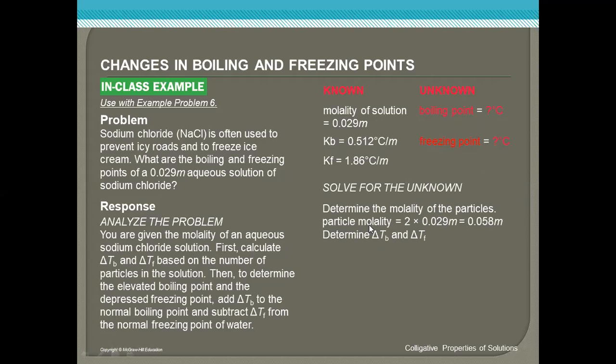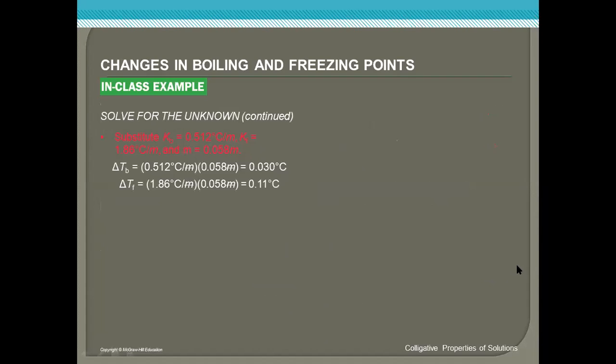Particle molality equals 2 times 0.029 m, which equals 0.058 m. Then determine delta Tb and delta Tf: delta Tb equals Kb times m, and delta Tf equals Kf times m. Kb is 0.512 and Kf equals 1.86 °C per molal, and m equals 0.058.